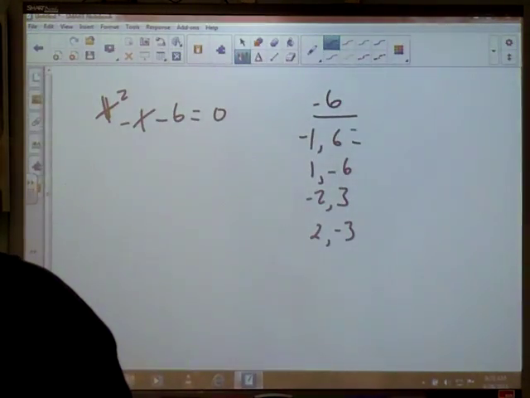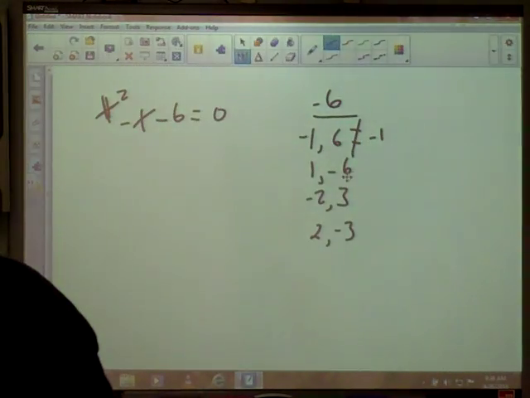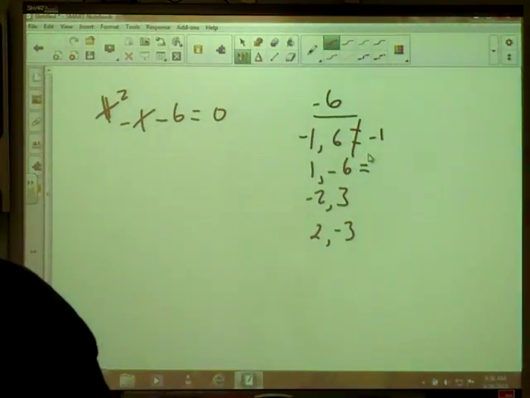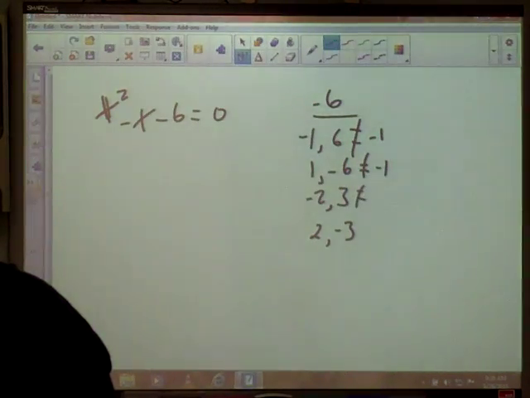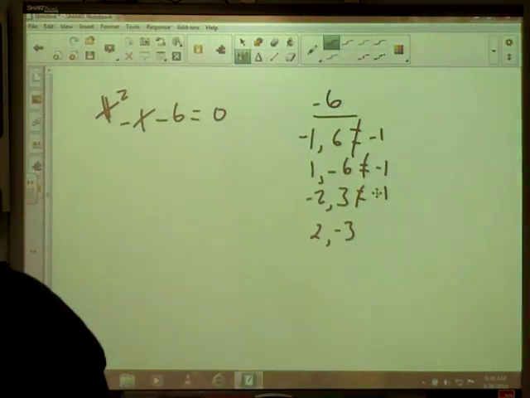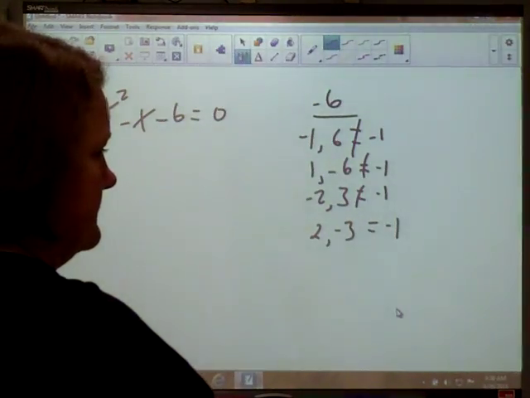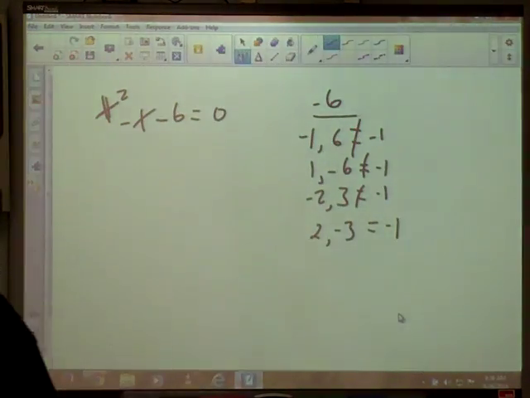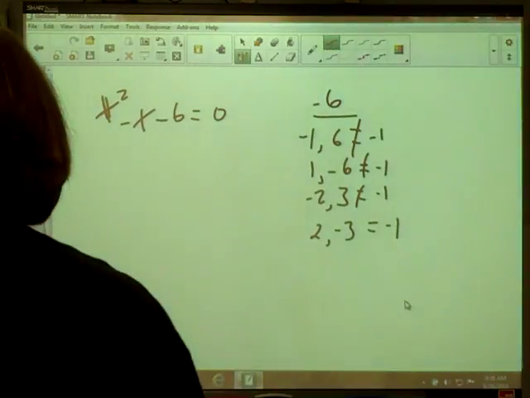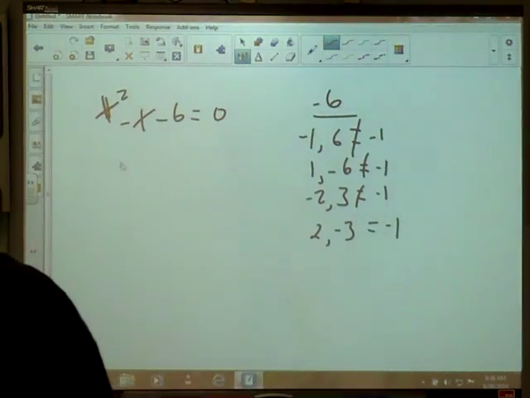So negative 1 plus 6 does not equal negative 1. 1 plus negative 6 does not equal negative 1. Negative 2 plus 3 does not equal negative 1. 2 plus negative 3, ding, ding, ding, equals negative 1. Where did you get your negative 1 from the start? B.